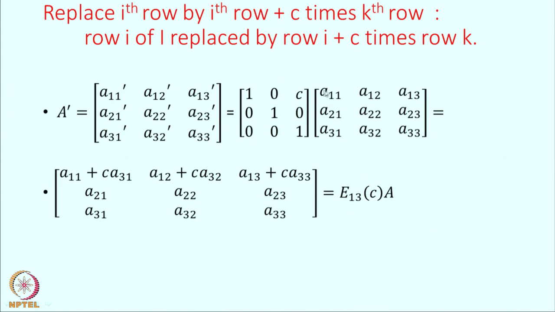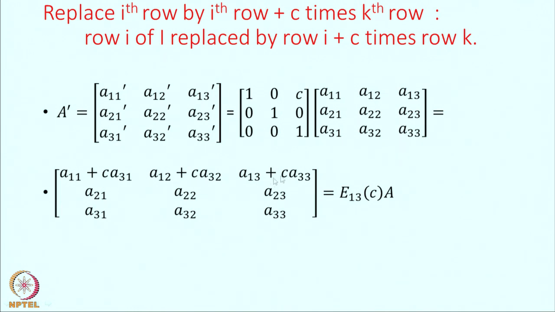What is the second column? 1 into A12 plus 0 into A22, which is 0, plus C into A32, so A12 plus C times A32. What is the third element? 1 into A13 plus 0 into A23 plus C into A33.